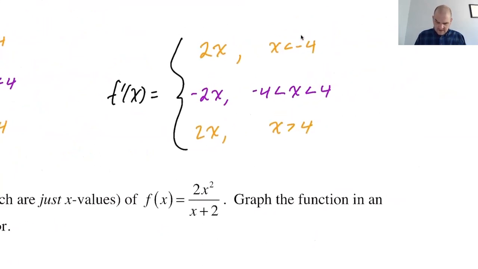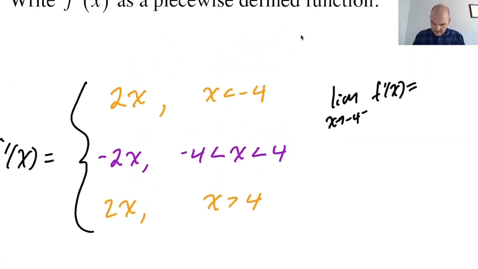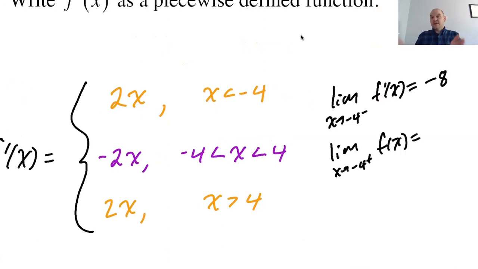Okay, so look at this. I'm going to look at the limit as x approaches negative 4 from the left of f prime. Numbers that are less than negative 4, so I should use 2x. That's going to give me negative 8. The limit as x approaches negative 4 from the right of f prime: numbers bigger than negative 4, like negative 3, I'm supposed to do negative 2 times negative 4, which is positive 8.